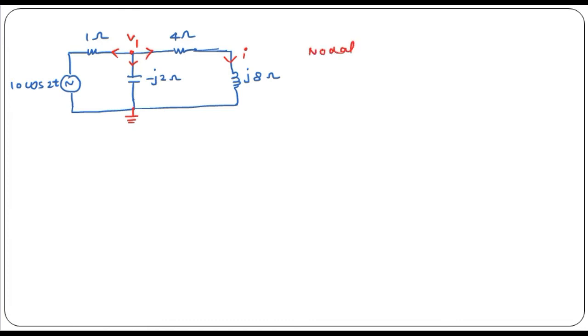It will be given by V1 minus 10 into cos of 2t, impedance of this branch is 1 ohm, plus V1 by minus j2, and this will be equal to plus V1, impedance is 4 plus j8, equal to 0.